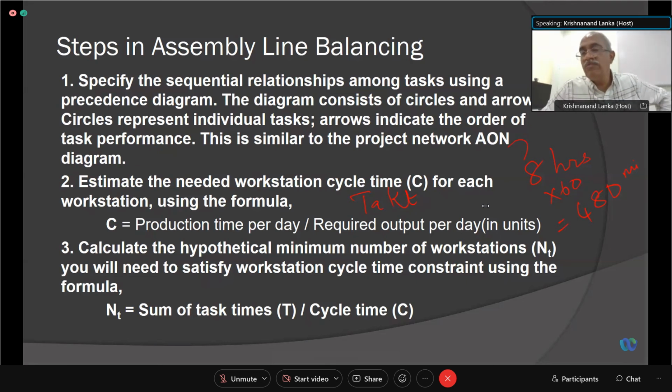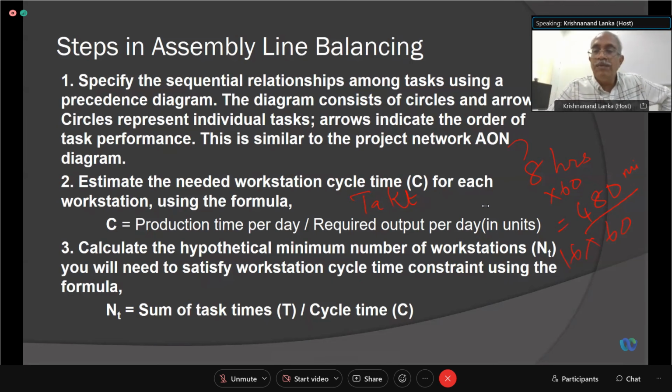Let us say the workers have to work a full 8-hour shift, and whatever extra time they take for lunch and everything is extra. You may put it as 9 hours. But what is your realistic production time? If the plant works 2 shifts, then it is 16 hours into 60.